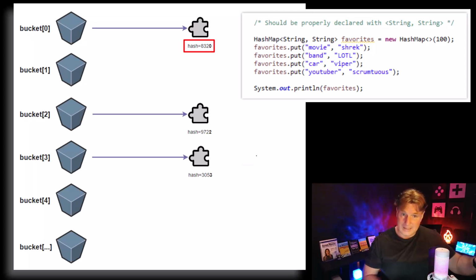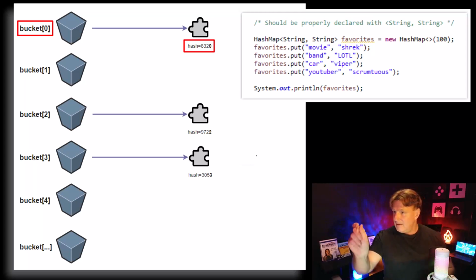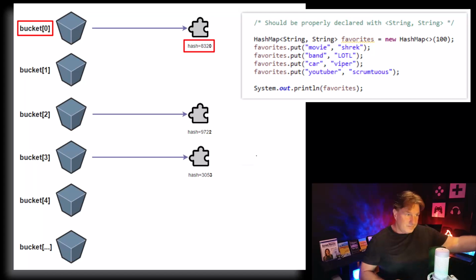It realizes that it ends in a 0. So it now knows, okay, the favorite food is what's in bucket 0. We've only got 10, so we're doing a modulus of 10 to get the bucket number. Okay, we know that whatever's in bucket 0 maps to this. Pull it out. As I said, it's using numbers rather than using properties and all this other stuff.